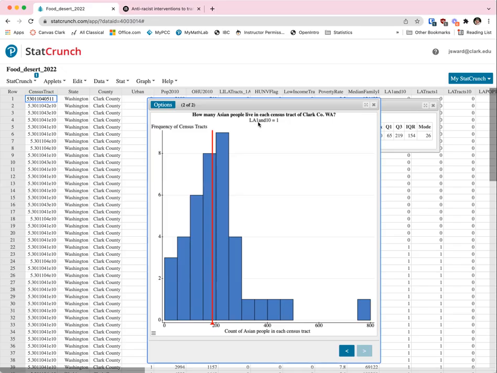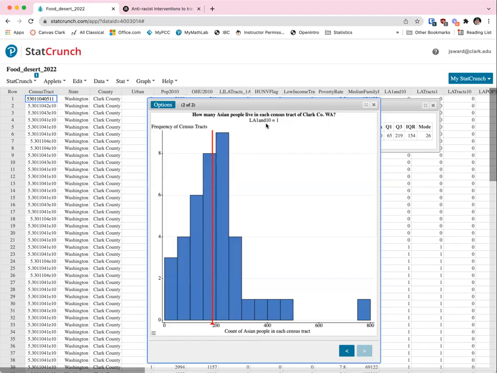They have to travel more than 1 mile to get to a supermarket if they are urban, or the 10 means that they have to travel more than 10 miles to get to a supermarket if they're rural. So to be considered a low access census tract, it means that we have to have a significant portion, at least 33% of the population, having a hard time getting to groceries.